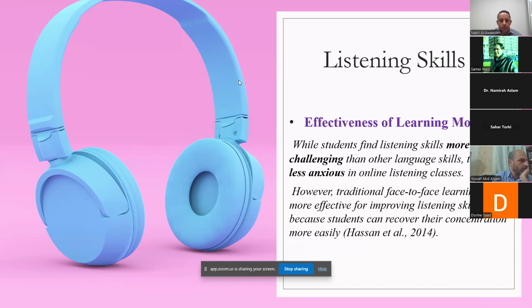On the other hand, some scholars have found that technical issues and internet issues cause others' voices to not be clear enough for students to understand. Therefore, this can be a problem in developing listening skills.